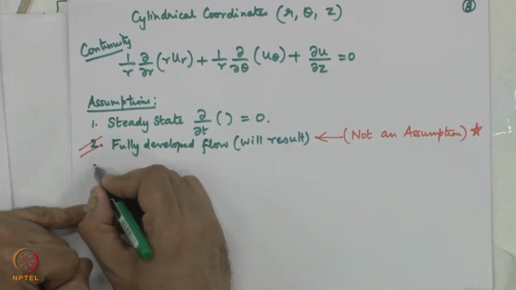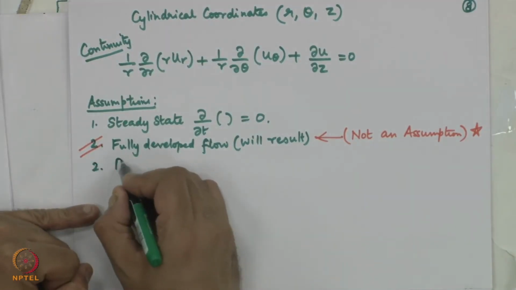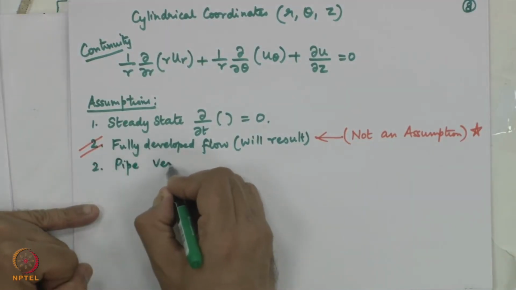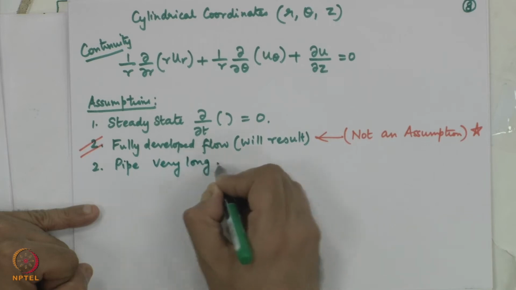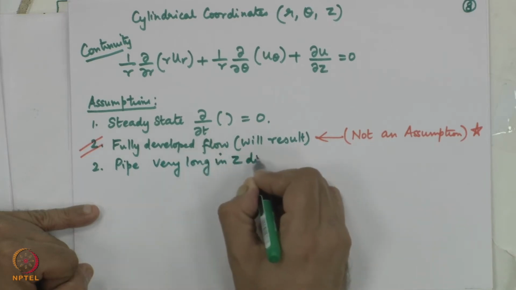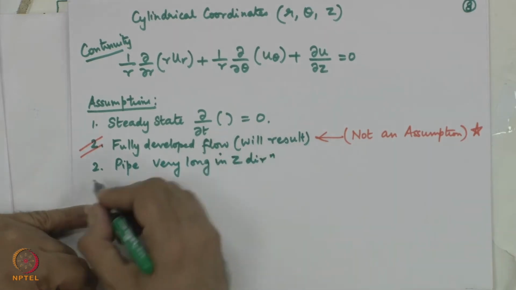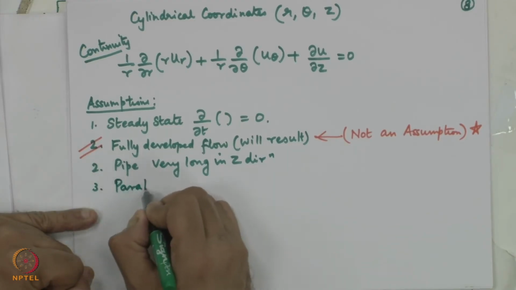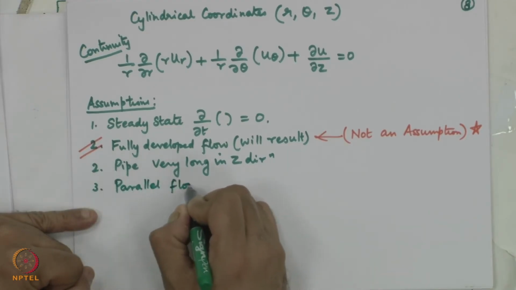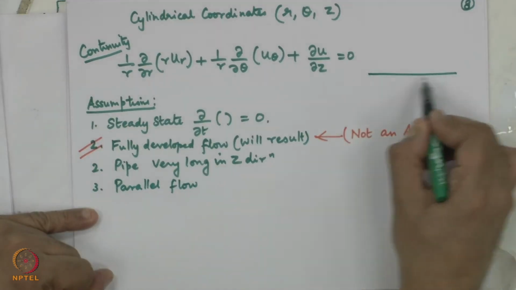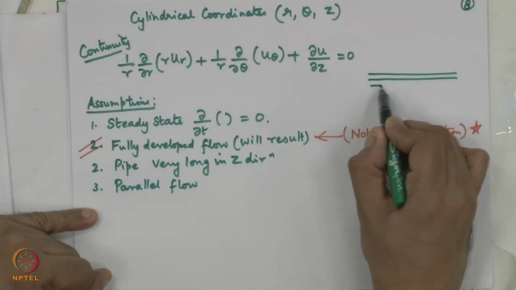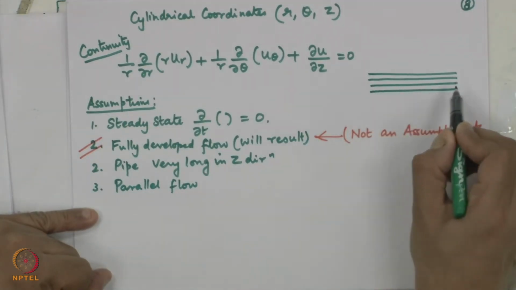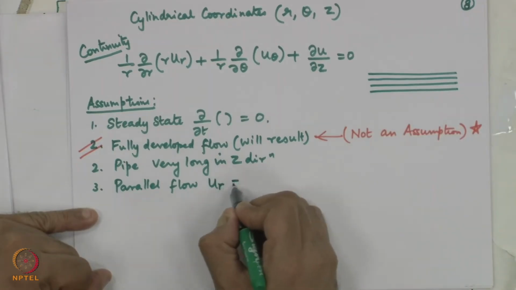Number 2 is pipe very long in z direction. That means there is no specific favor with a particular z location. Parallel flow, laminar flow, essentially where the streamlines are this way, so u of r is equal to 0.